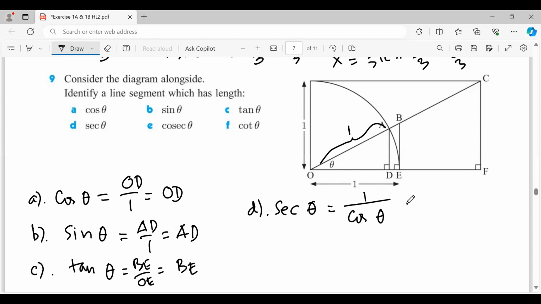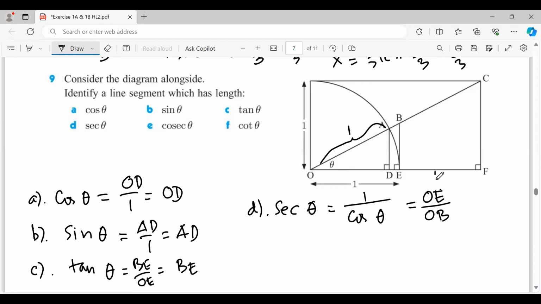So it means cosine theta is OE over OB, because cosine theta is OE over OB.